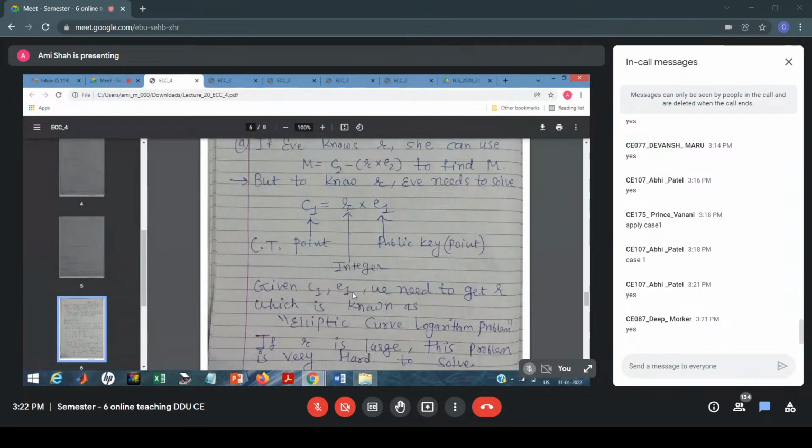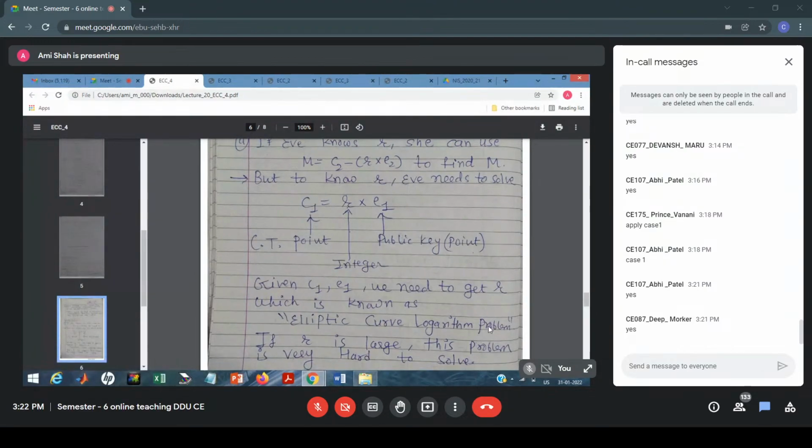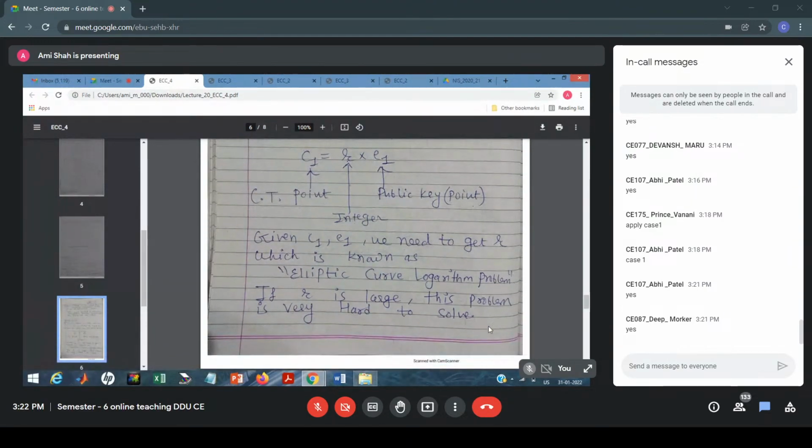So given C1 and E1, we need to get R, which is known as the elliptic curve logarithmic problem, similar to the discrete logarithmic problem that I have discussed earlier. If R is very large, then this problem is very hard to solve.